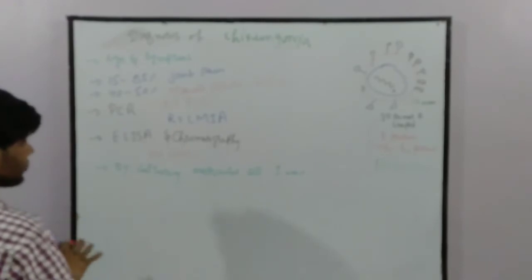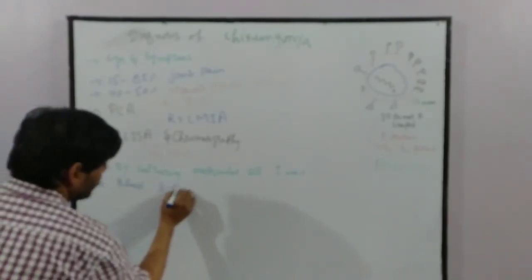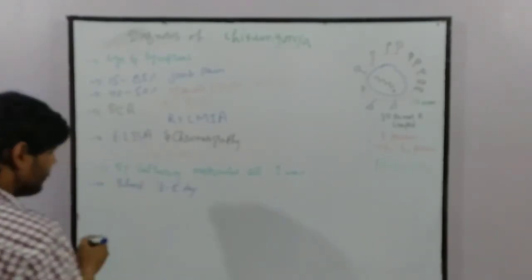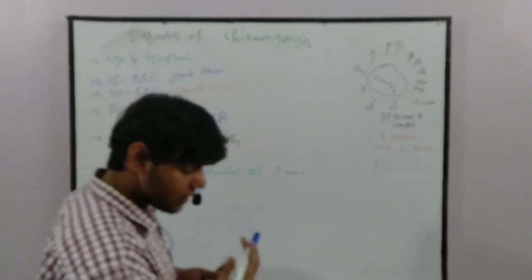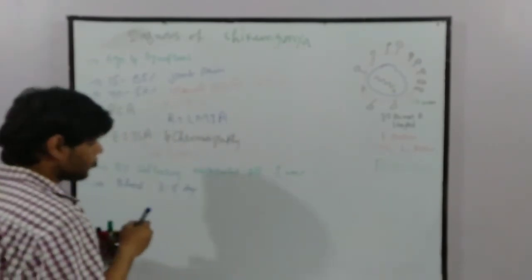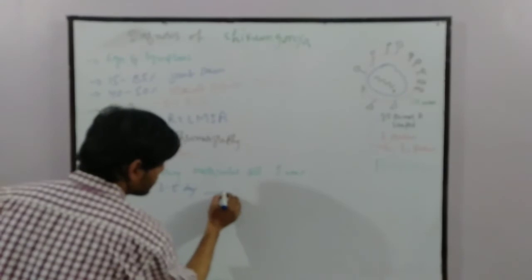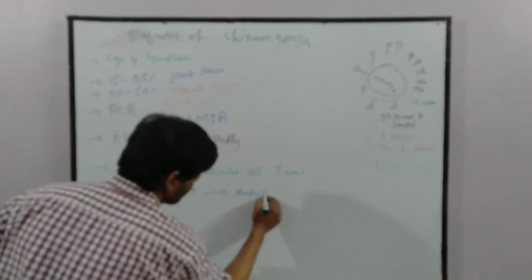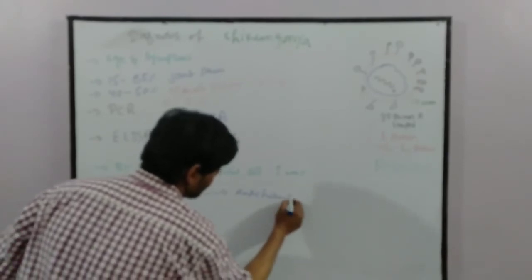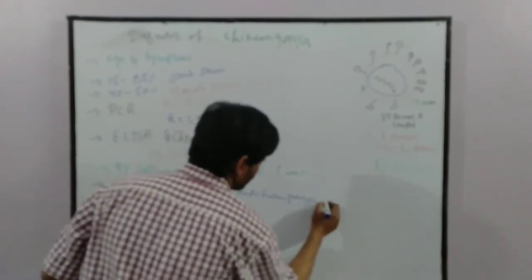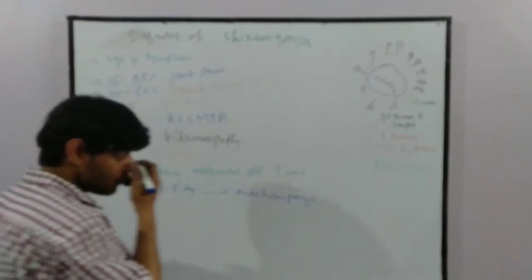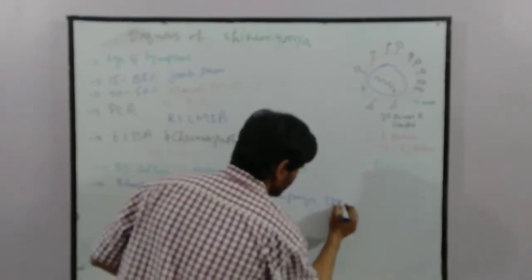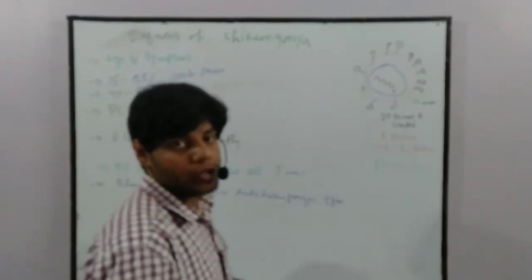Okay, after 3 to 5 days of the infection, we take the blood sample and centrifuge it, and then we take the serum portion and treat this serum portion with anti-chikungunya antibodies.